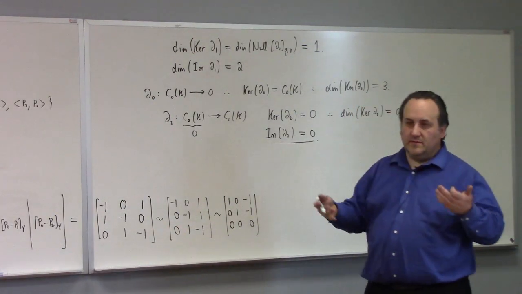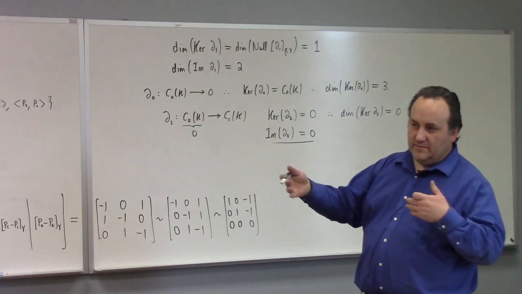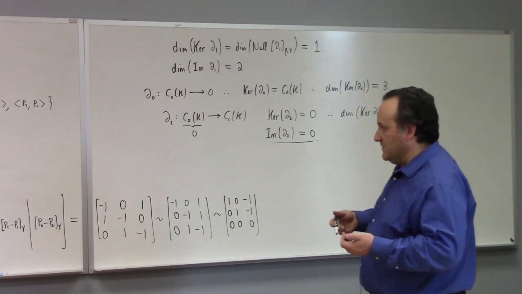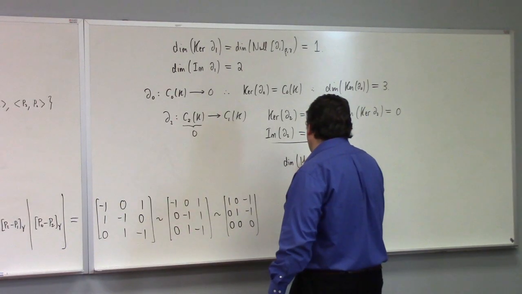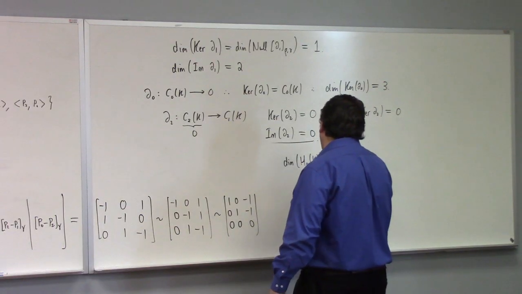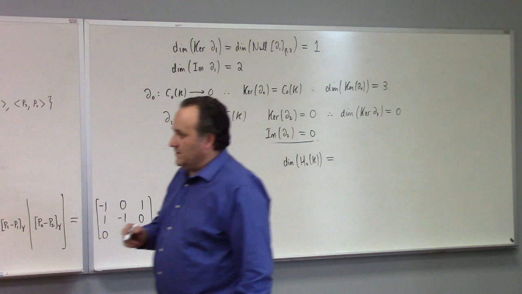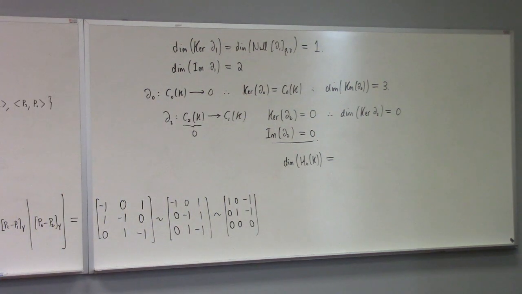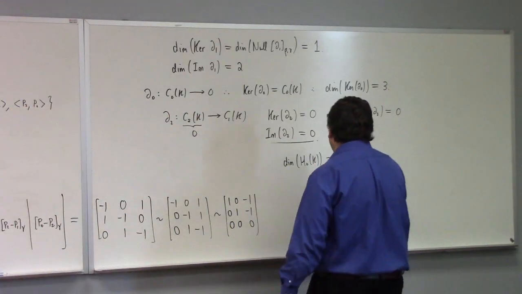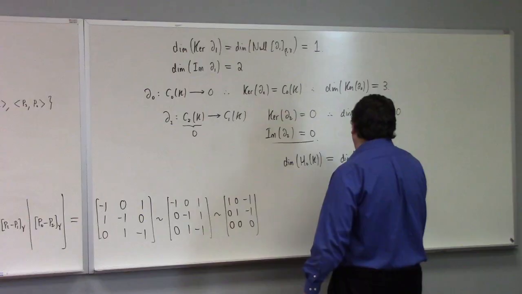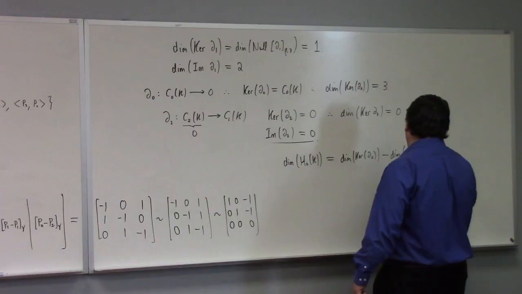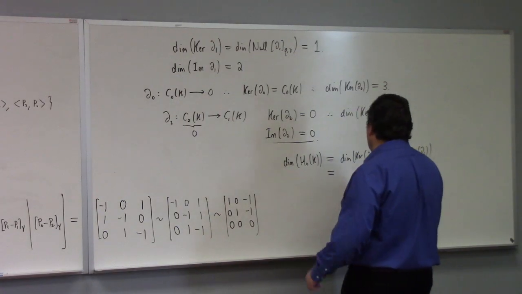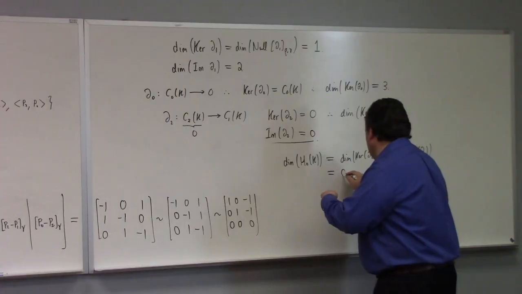Okay, so let's put this all together. We have figured out the dimension of all of the different kernels, so let's work it out. What's the dimension of the 0th homology group? You guys have got to help me out here. It's dimension of kernel 0 minus the dimension of image 1, right? Dimension of kernel 0 is 3.